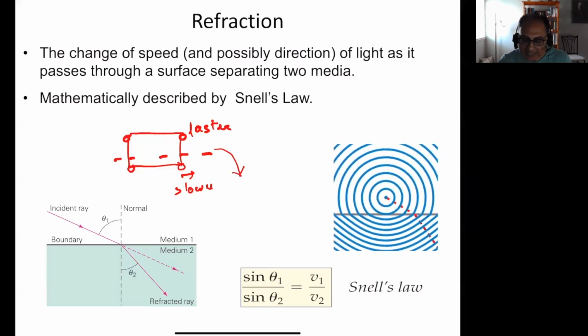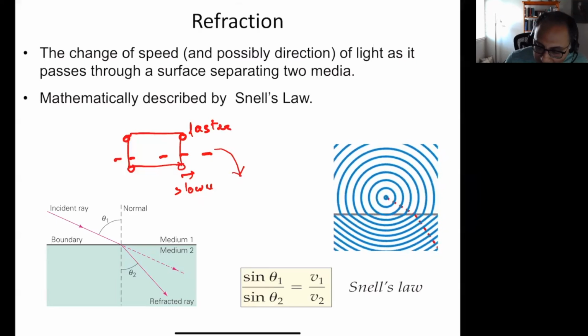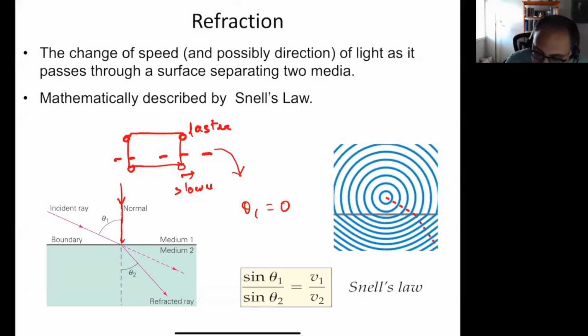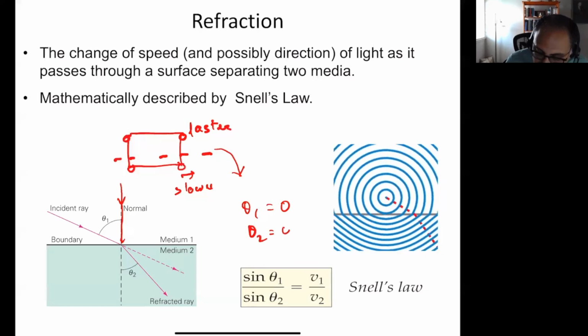All right, one last thing, and I promise it won't take more than a minute. Notice from this equation that if θ1 is 0, that means if the light is coming in like this, that's called normal incidence, then θ2 will also be 0, right?